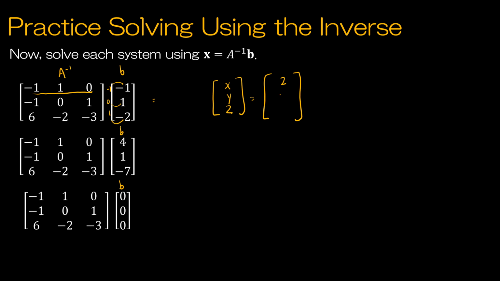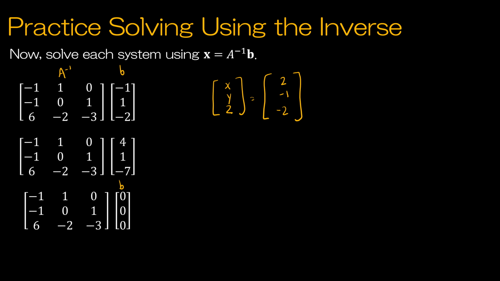So 1 plus -2 is -1. And then finally 6, -2, -3 gives me -6 plus -2, which is -8, plus 6, which is -2. So here's my solution to the first system of equations. And that was when the B vector was -1, 1, -2.